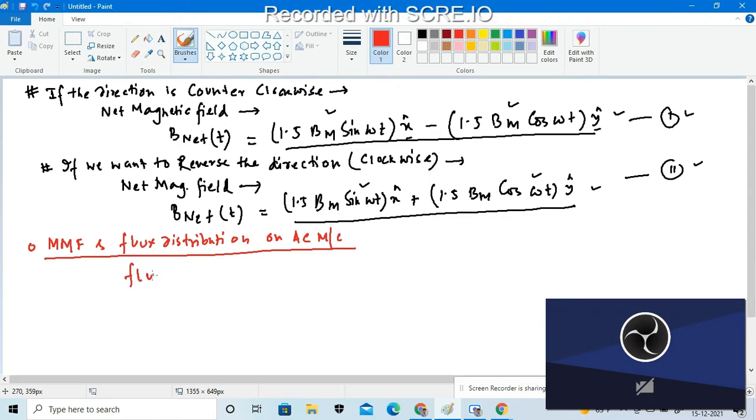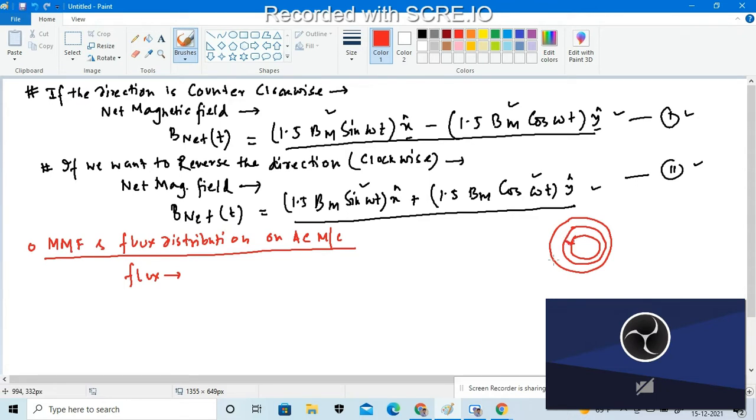Whatever flux is produced inside the AC machine during operation will be treated as if it were in free space, because if we consider this a stator and this a rotor, there must be some gap in between the stator and the rotor.